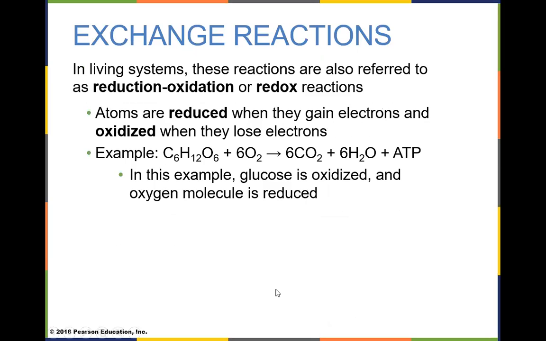Now, another type of reaction that we see in our bodies is known as the reduction oxidation reaction, or redox reaction. When something is burned, oxidized, you're burning something, burning a log, burning a piece of paper, lighting a candle, lighting a match, burning gasoline, we say that the material, the compound, is being oxidized.